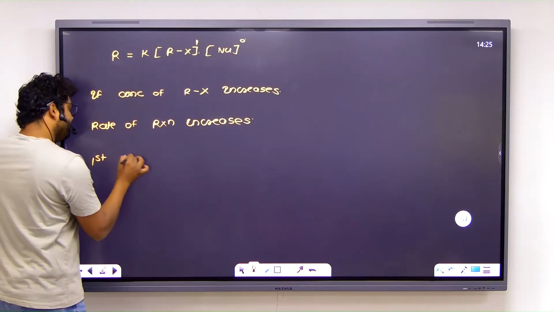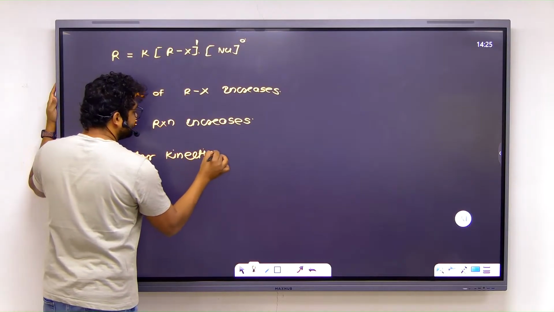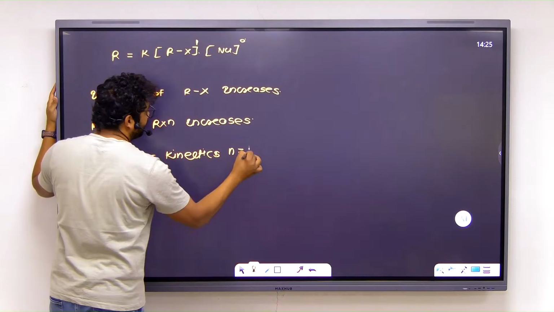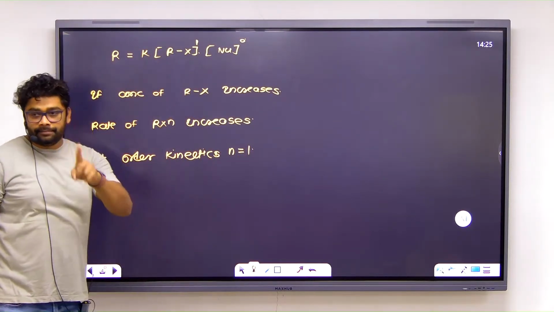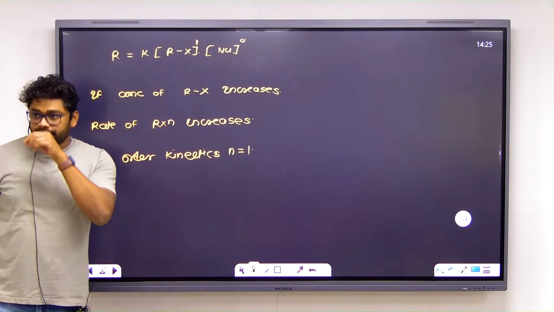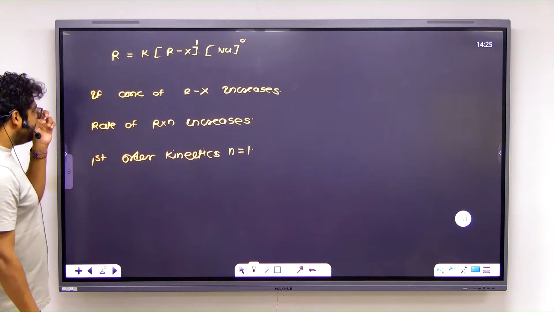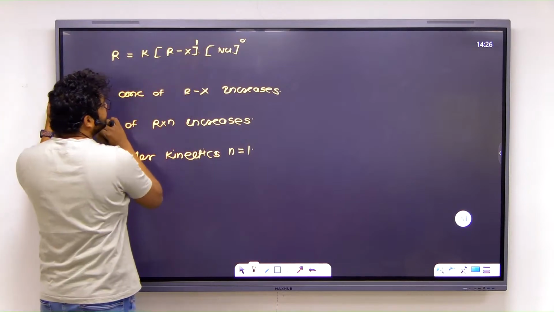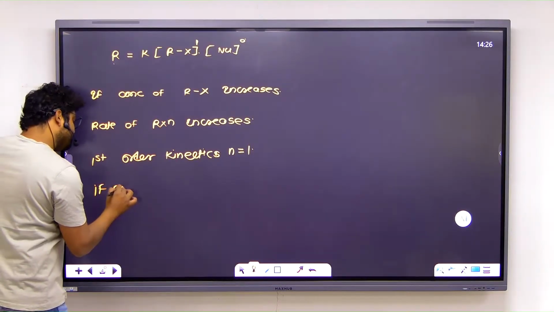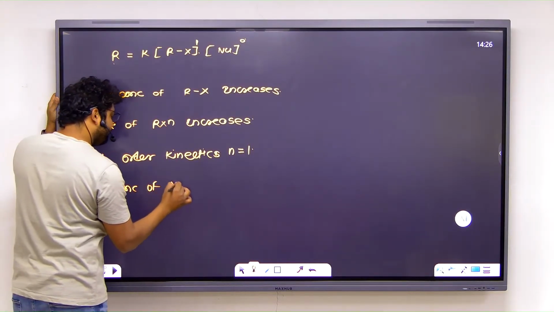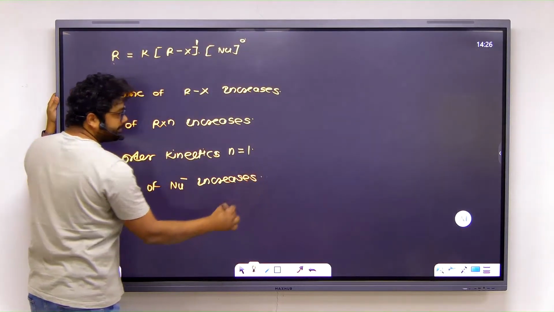What do you call it? A first order kinetics. What does it mean? The value of n, order of reaction, is 1, meaning the rate of reaction depends on only one species. So this reaction is also known as unimolecular. You observe here, if the Rx concentration increases, the rate also increases. If the concentration of nucleophile increases, what will happen to the rate of reaction?